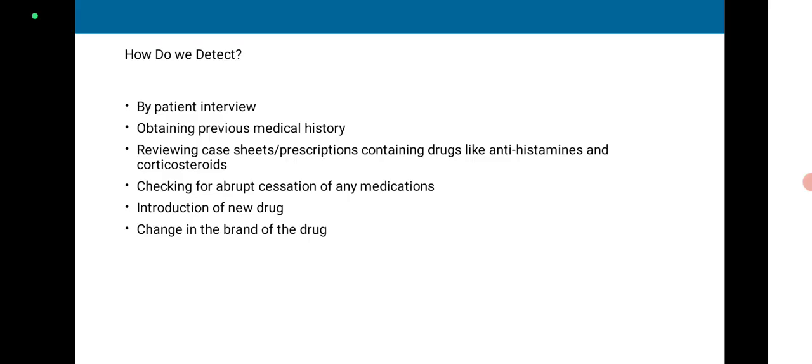If there is an occurrence of a new symptom, that can also be suspected as an ADR.